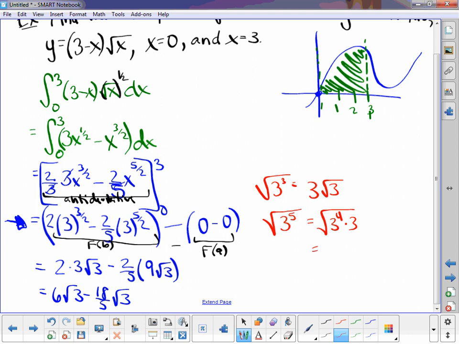Square root of 3 to the 4th is 3 squared, which is 9. So I was just trying to impress you guys with my mental math. Did it work? Okay. But the next part, I was like, no, fractions. Other questions on this piece?